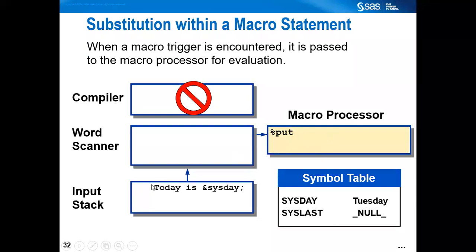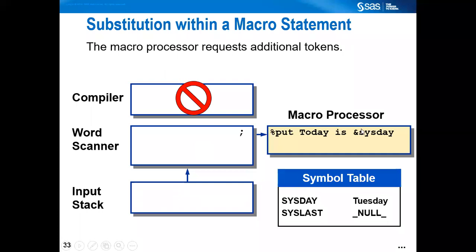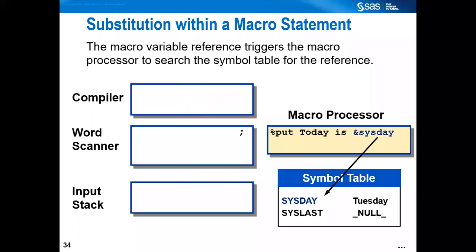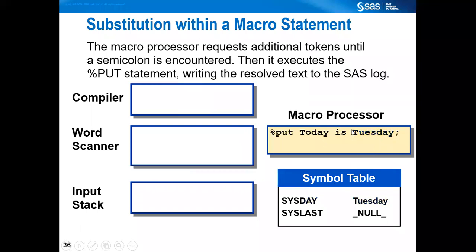The rest of your statement is today is &sysday. This statement again moves into the word scanner, and it finds another macro trigger, an ampersand followed by a name. So this is a macro variable. It will look into the global symbol table to resolve this value. When it checks, it finds the value and it gets resolved. Because it's a %put statement, today is Tuesday will be shown in the log.